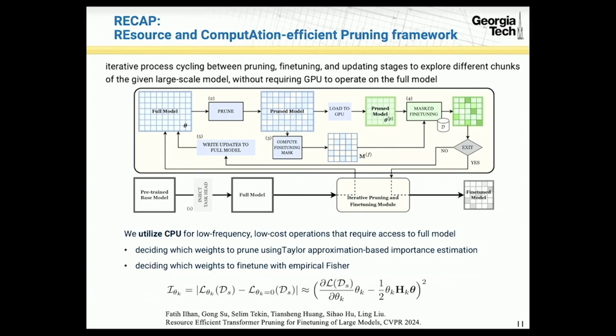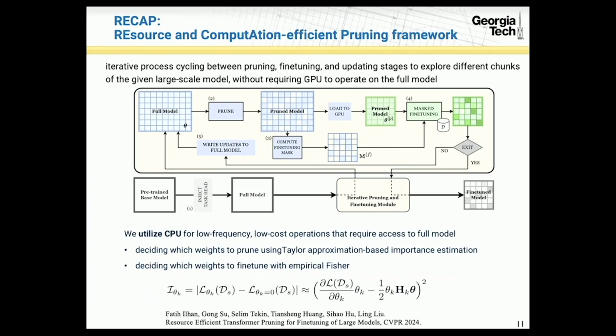We are looking at the chunks and doing the importance-based grouping of the chunks, and then iteratively learning how to prune the model without using the full model. And then we load the pruned model to the GPU, and then do the pruned model training over the fine-tuned data. But this process, we do it iteratively.